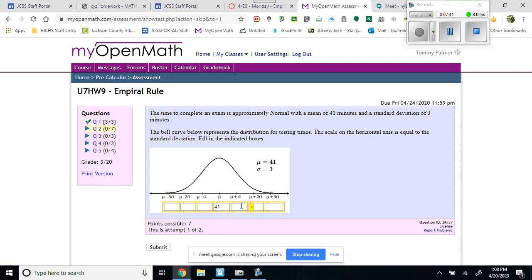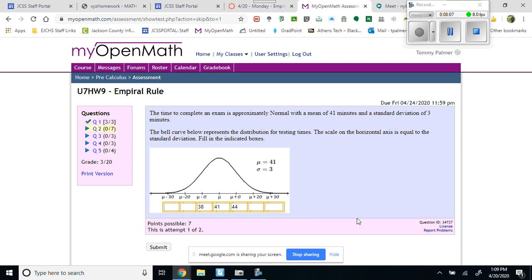If the standard deviation is 3, then 3 above and 3 below would be plus or minus that. You're looking at 68% of our data being between 44 and 38.